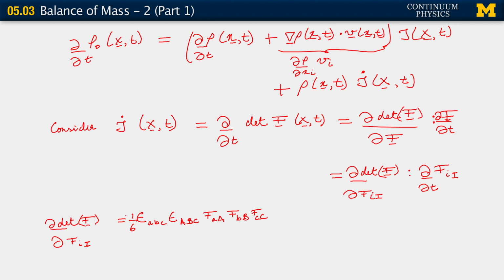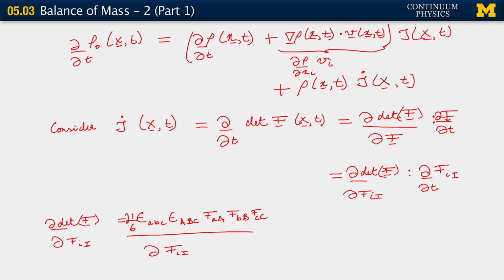Sorry, it's the derivative of this with respect to F little i capital I. This is what we're trying to compute.